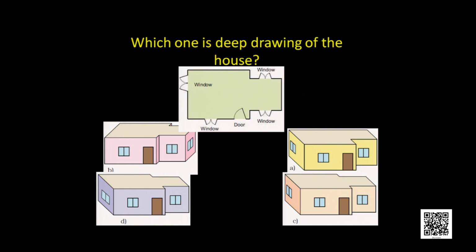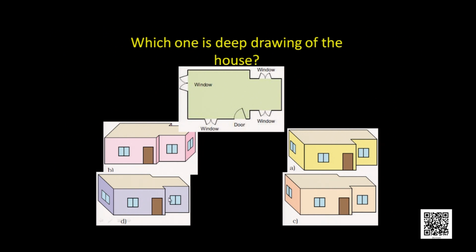Let us check for C. Now, you see movement of the mouse. One door is there, 2 windows are there. At the extreme end on this side one window is there. Here also some space. Exactly, this is representing the correct deep drawing of this floor map.